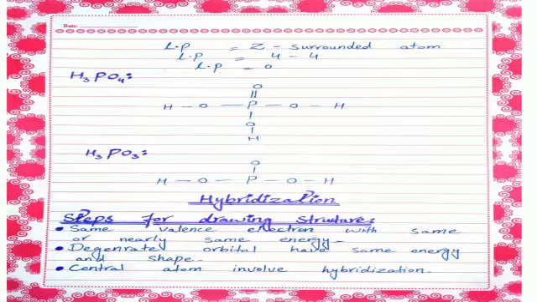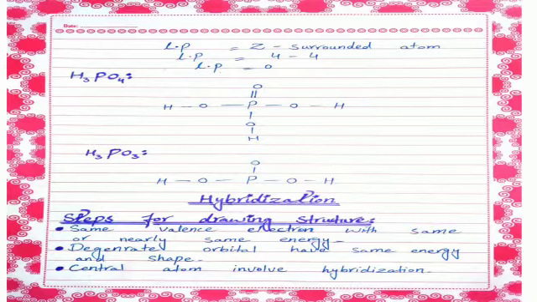Next is H3PO4, where the structure is given. We will discuss hybridization next. Here there are different steps for drawing structures. Firstly, valence electrons with the same or nearly the same energy. The next point is that degenerate orbitals have the same energy and shape.